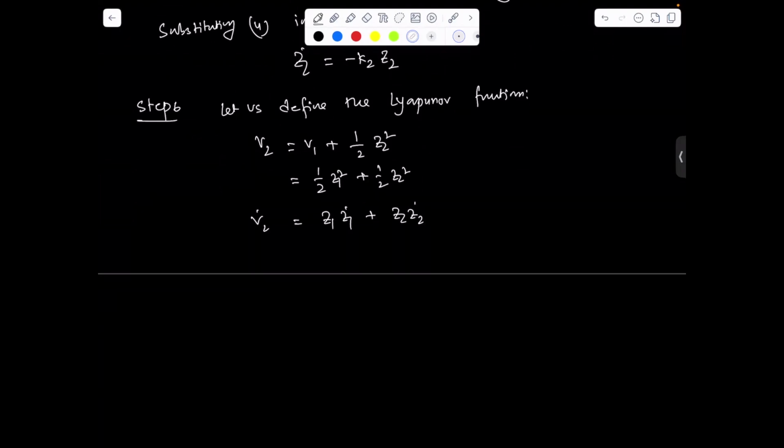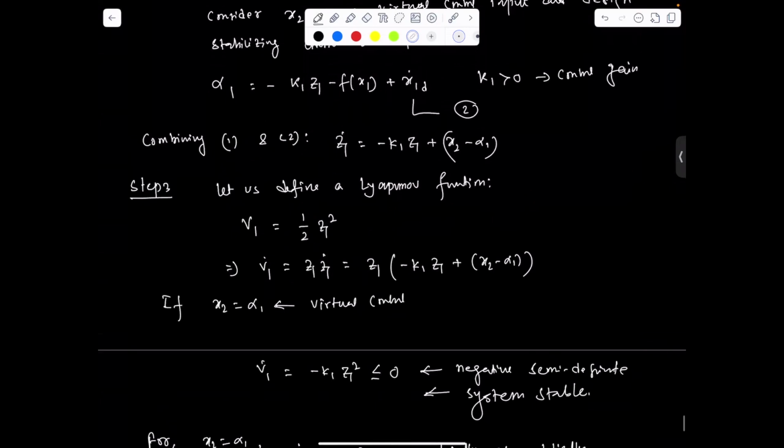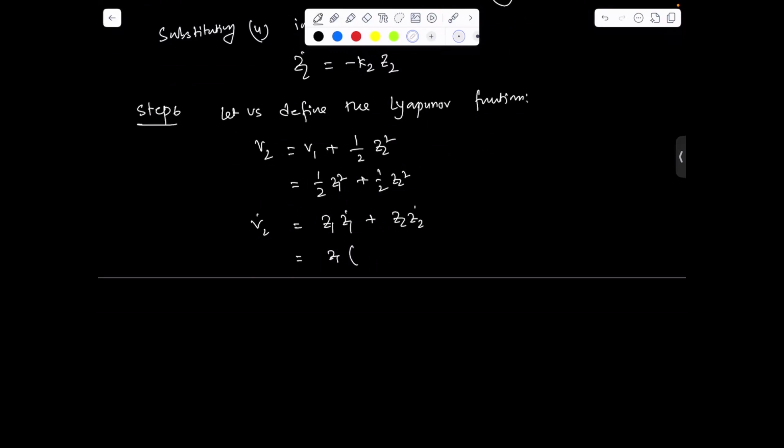In place of Z1 dot, we can write minus K1 Z1 plus x2 minus alpha 1, which is Z2. And in place of Z2 dot we can write minus K2 Z2.